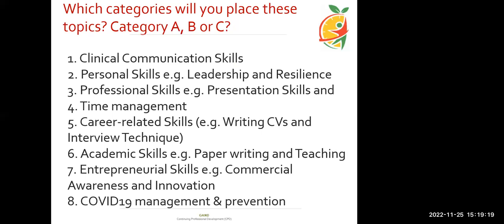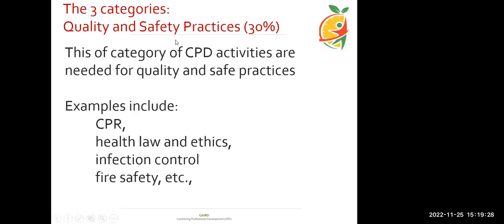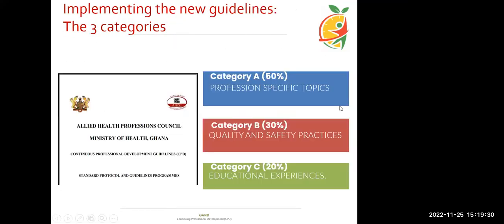Now, when you're looking at the categories, look at it in terms of what it is meant to do. Maybe you should keep this page in your mind. A: profession-specific topics, something that only professionals must and can do. B: quality and safety practices, which every health person must be able to do.